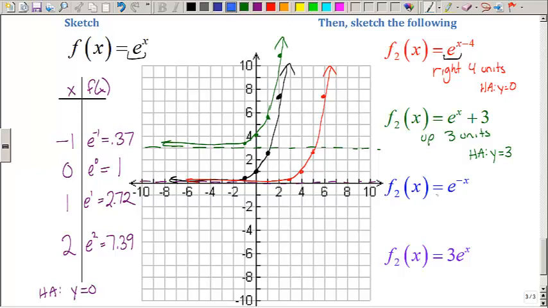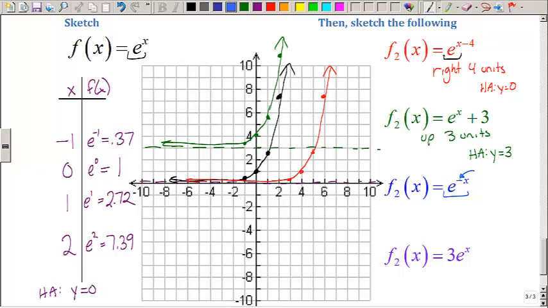On my blue function, f of x equals e to the negative x, notice I still have the same parent function, e to the x. The only difference is I have a negative. A negative tells me that there's a reflection. On our last example, we had a negative in front of the function, which reflected over the x-axis.